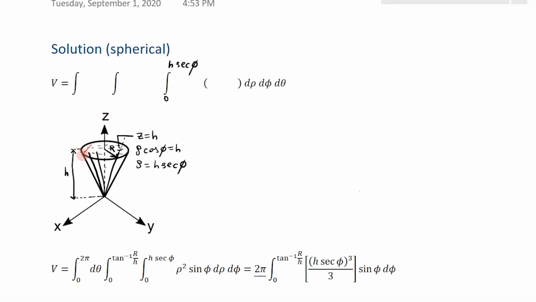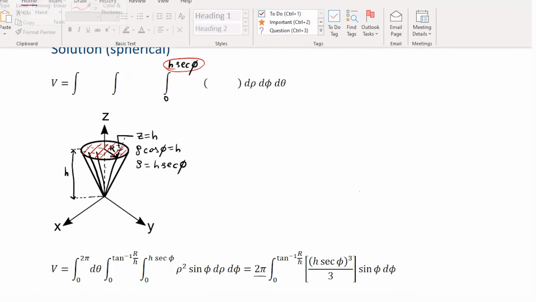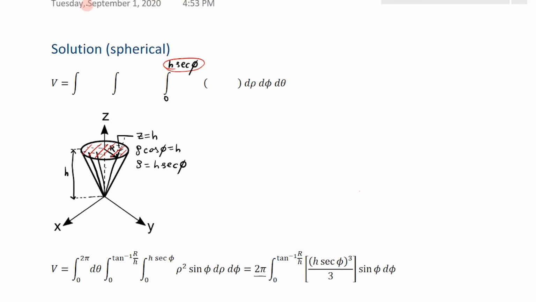This is this surface. Now we need bounds on phi and theta. For theta, we know that we need to describe the entire way around the z-axis, so this would go from 0 to 2 pi.